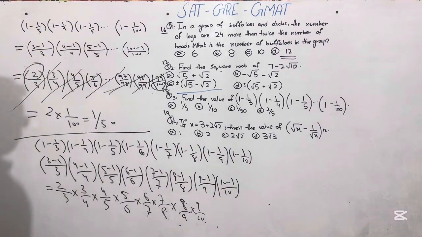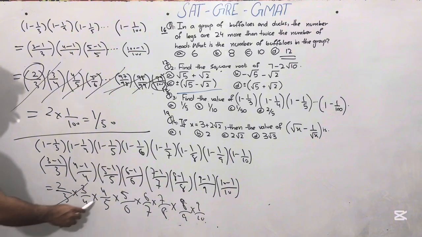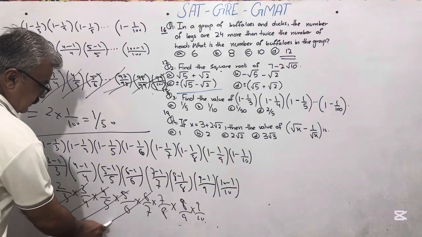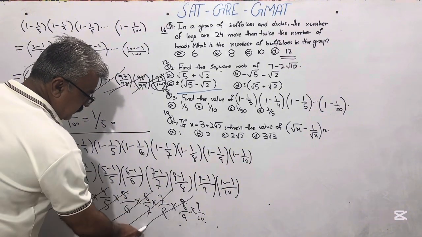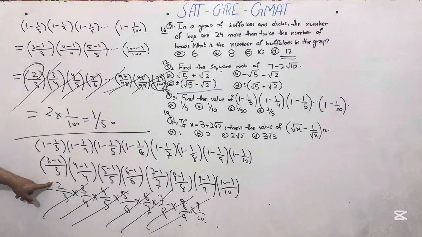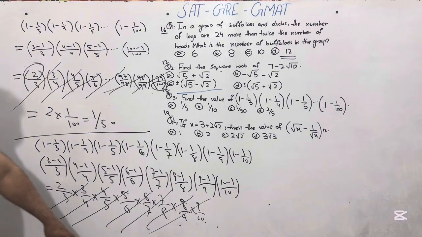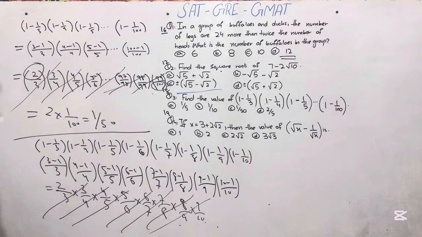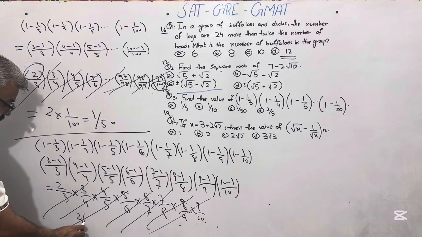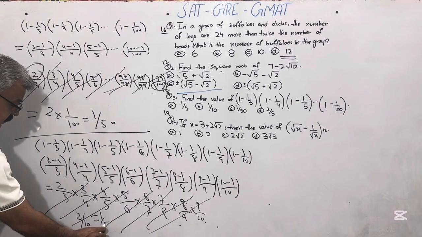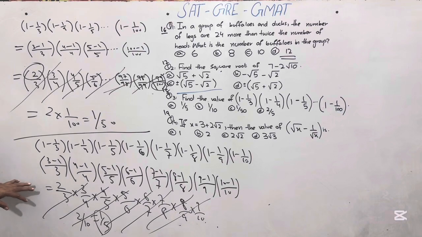That's our final. Look at this. Cancelled out, cancelled out, cancelled out. What remains? First from the numerator, the last from the denominator. We have 2 over 10. 2 over 10 means 1 over 5 is our final answer in that case.